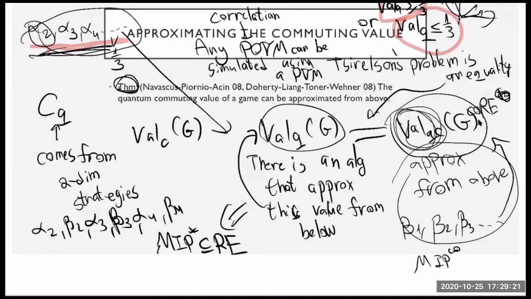But it's asked whether it is in R. If it was in RE, it's both in RE and in co-RE, which means that it is in R. Okay, but this is also not known. We don't know the strength of MIP core. We don't know whether the quantum commuting value, distinguishing between the 2/3 and 1/3, we don't know what the strength of this complexity class is. There is an upper bound, co-RE. We don't know about a lower bound at this point.